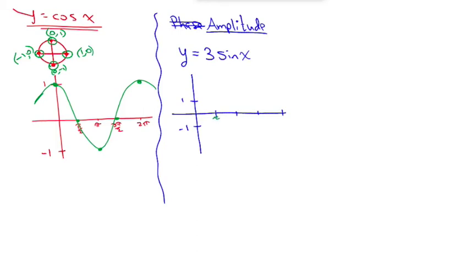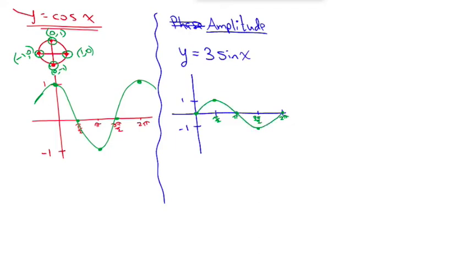This is pi over 2, pi, 3 pi over 2, and 2 pi. It starts at 0, goes up to 1, back to 0, down to -1, back to 0. So this would be our normal squeaky sine graph.